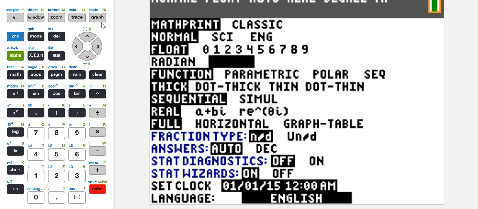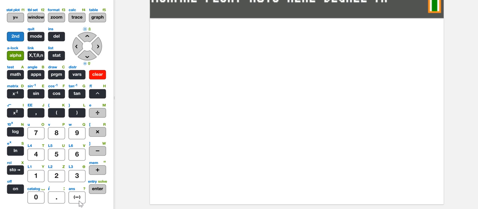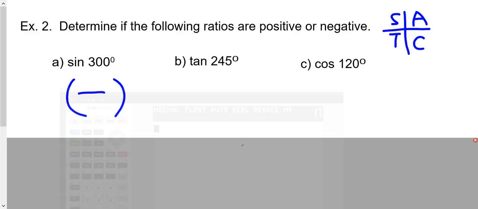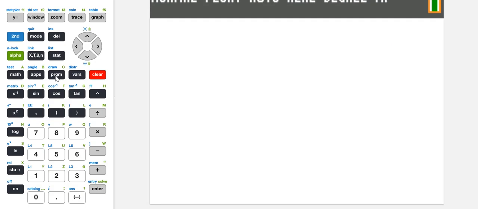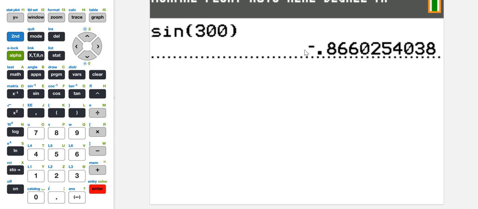Enter. Then you can clear this. From this point on, as long as you are in this unit, make sure your calculator is always in degree mode, not radian mode. So sine 300, close bracket, enter. That gives you a negative number.